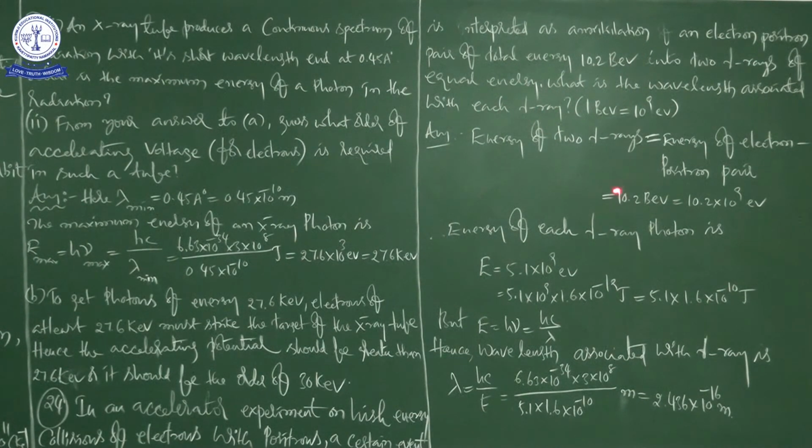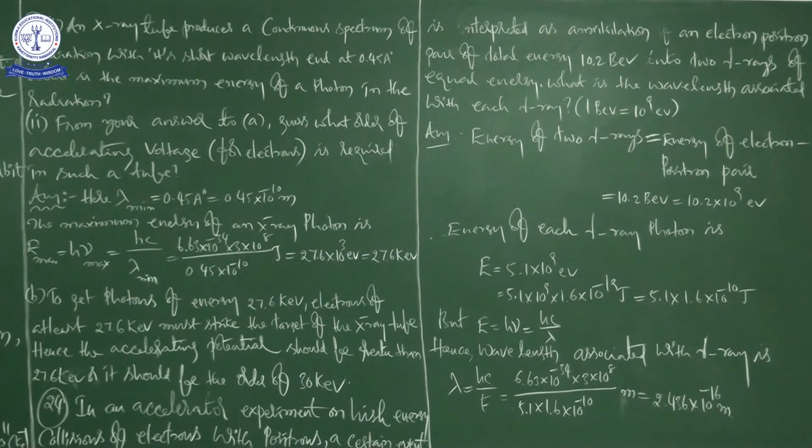What is the wavelength associated with each gamma ray? And billion means, you know the value, no? It is 10 power 9 electron volt.